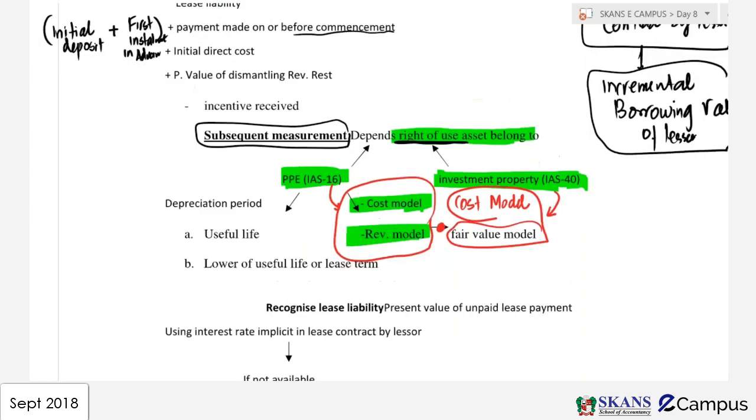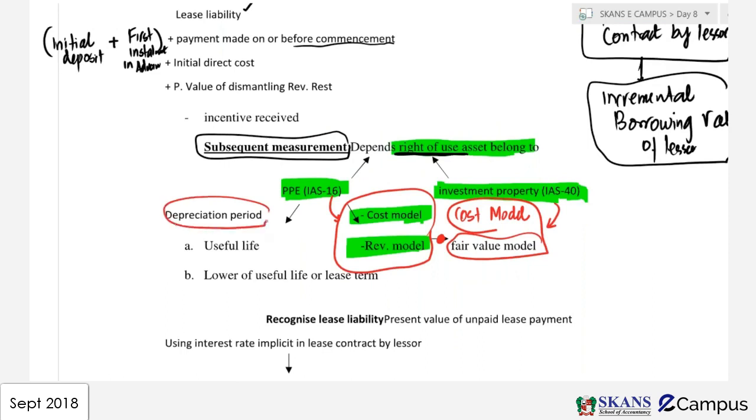Now we have another problem called depreciation period. How to depreciate these assets, guys? We'll take useful life of the asset if the asset will not be returned to the lessor. This is important. In some lease contracts we usually return the asset to the lessor, but in some lease contracts we don't. So we need to check whether we are going to return the asset to the lessor or not.